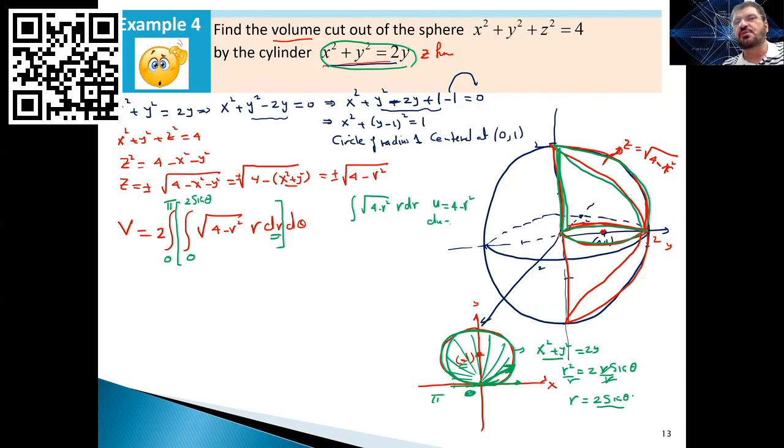So du is equal to minus 2r dr. Divide, because you have only r dr, divide by minus 2. So du over negative 2 is r dr. So this is going to be what, guys? This is the integration of square root of u, then du over negative 2. This negative 2 goes out. Square root of u is u to the half.